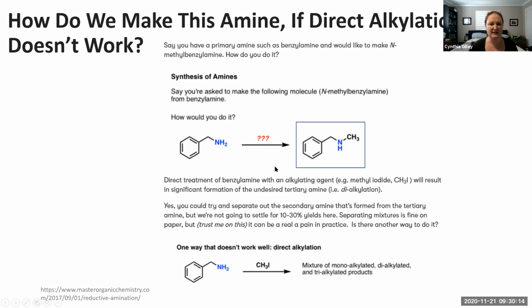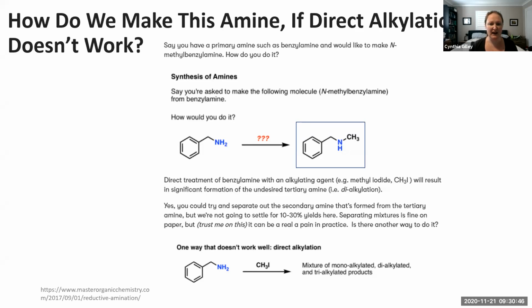So for this reason, a simple SN2 reaction to make a carbon-nitrogen bond, to, for example, go from a primary amine to a secondary amine, doesn't work well. In practicality, as I've said many times in lecture, it's not advantageous to make a mixture because then you have to separate that mixture, and that can take a lot of effort and be very difficult to do.